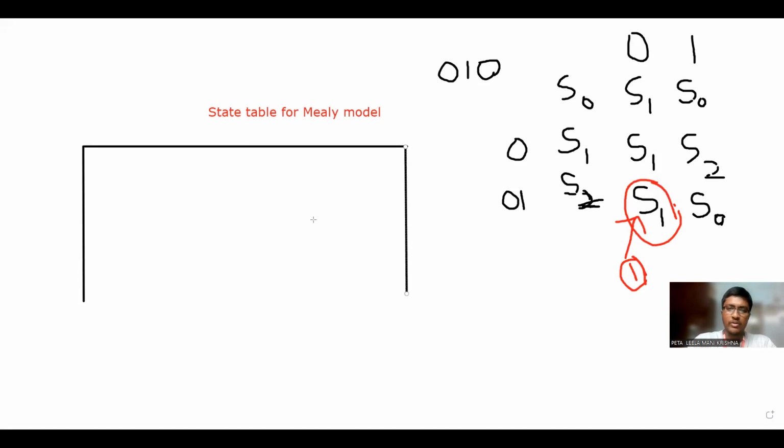Output will be 1 only when all the bits are detected. So in the Mealy model, we have only 2 columns. The first column is present state.